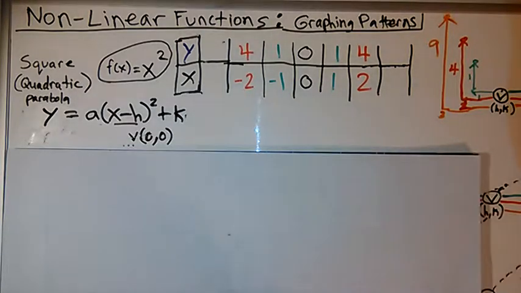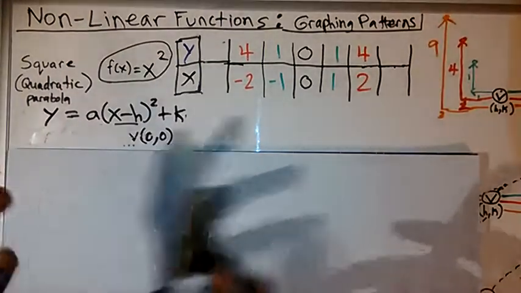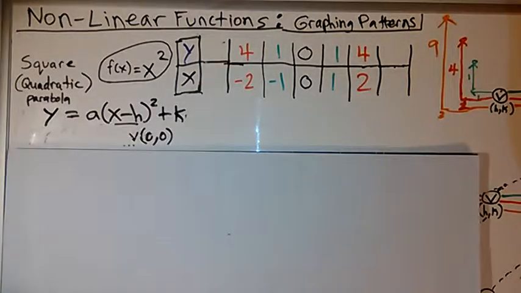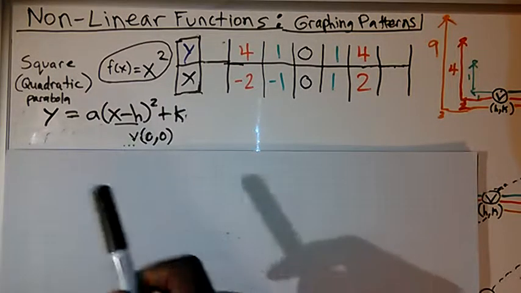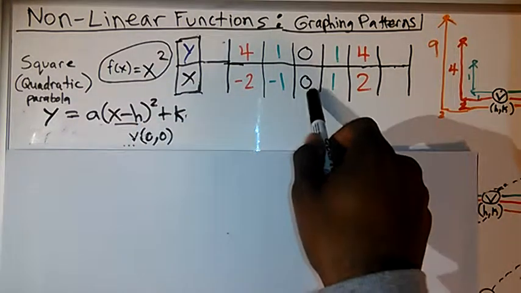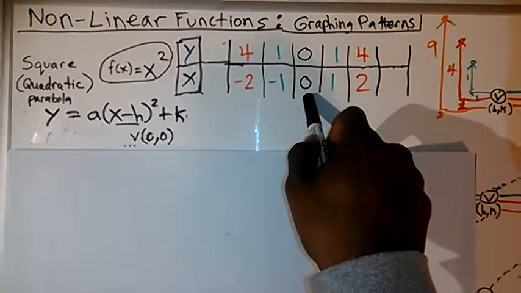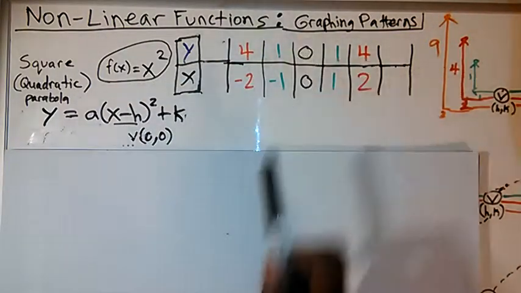So when you're graphing functions, you always think about the starting function or the base function, and what I like to do is combine them with patterns. Let's first plot the points of a square function. When x is equal to 0, y is 0 squared, which is 0.